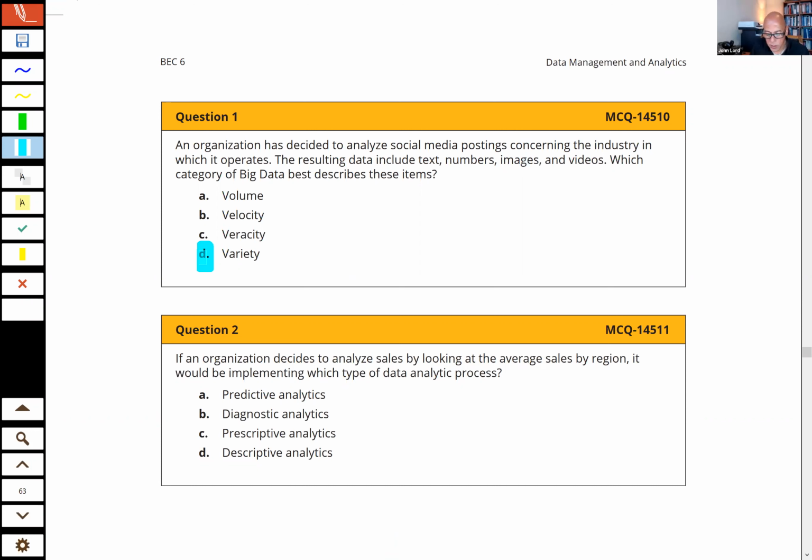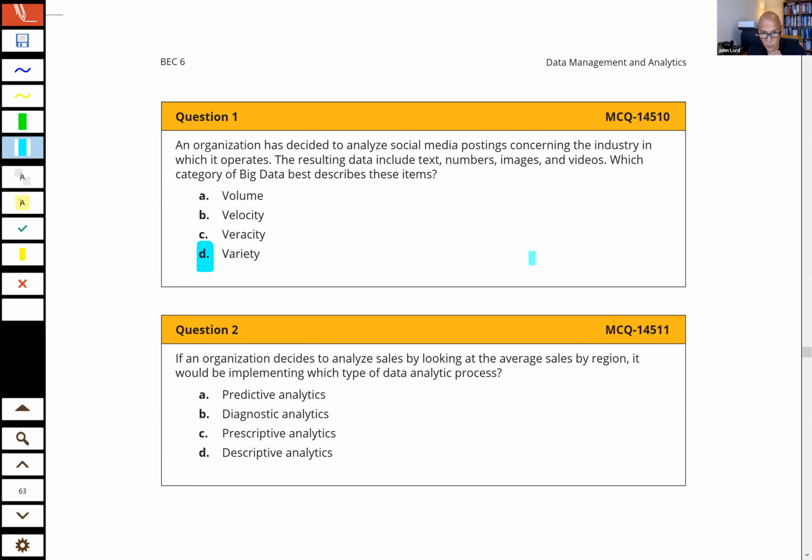An organization has decided to analyze social media posting concerning the industry in which it operates. Resulting data include text, numbers, images, and videos. Which category of big data best describes this? Volume is the amount of data. They're not talking about the amount of data here.